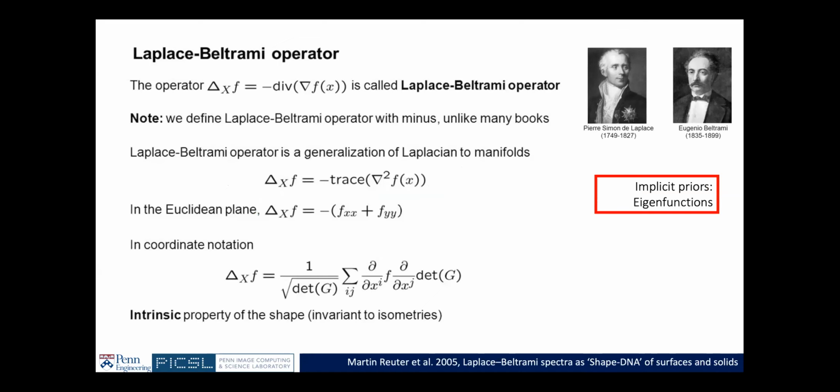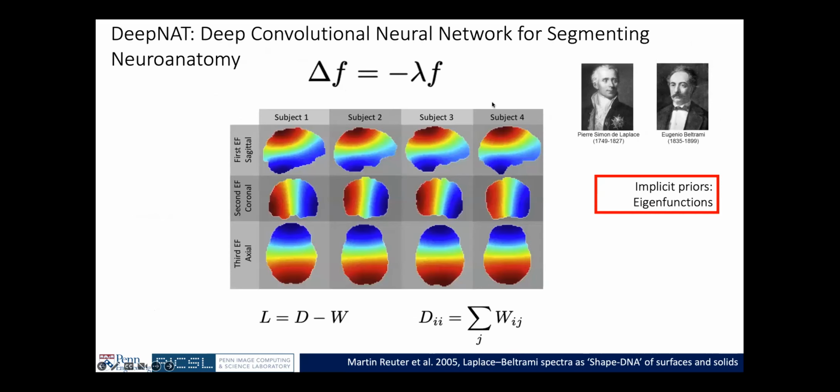So what you can do is, from your output, that is your ground truth segmentations of your brain, compute a mesh out of it, and then apply the Laplace-Beltrami operator to that mesh. And then you can compute the eigen decomposition of this Laplacian.